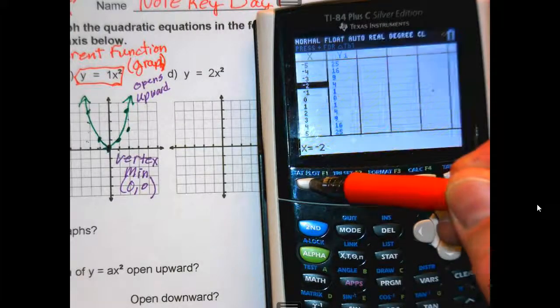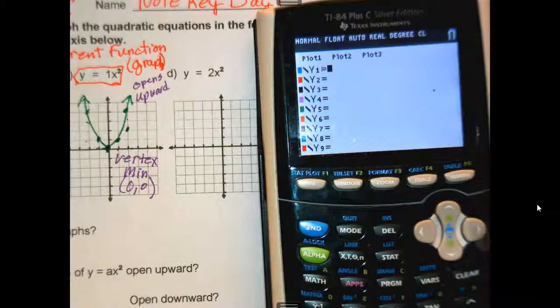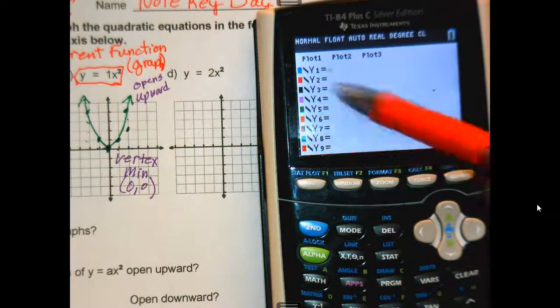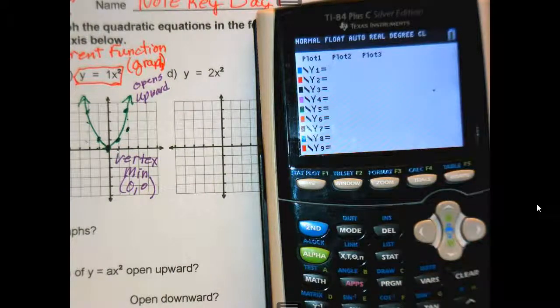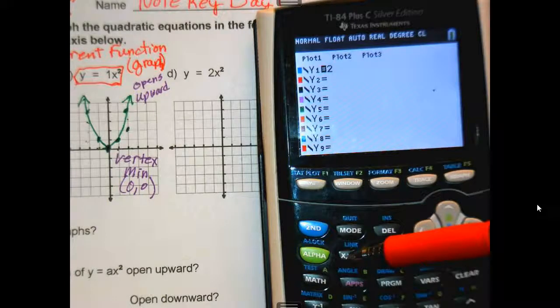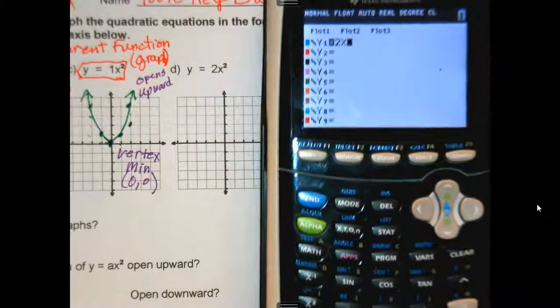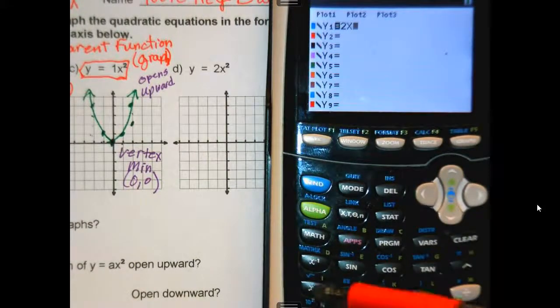So go back to our y equals, hit clear. Let's see, I need 2. Put in the number 2, then my x, and I need my squared, which is down here, right there.